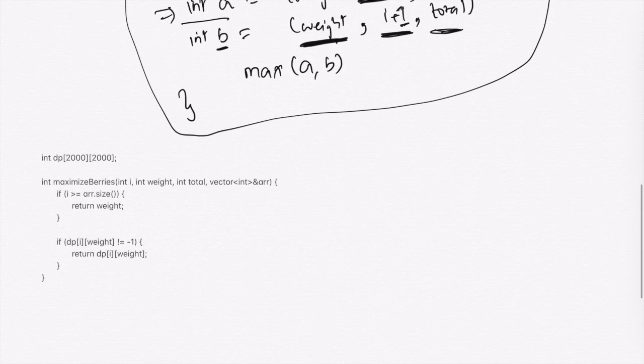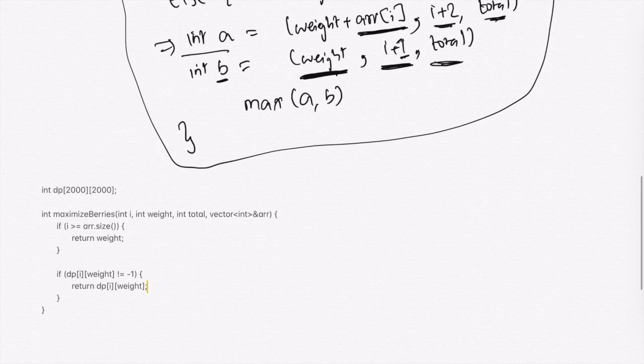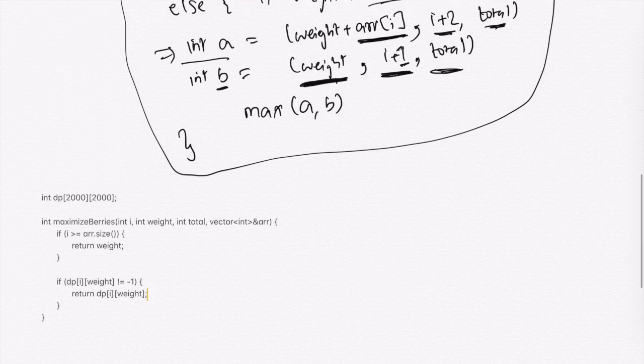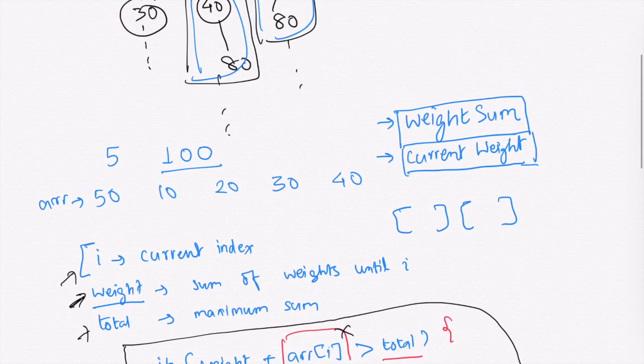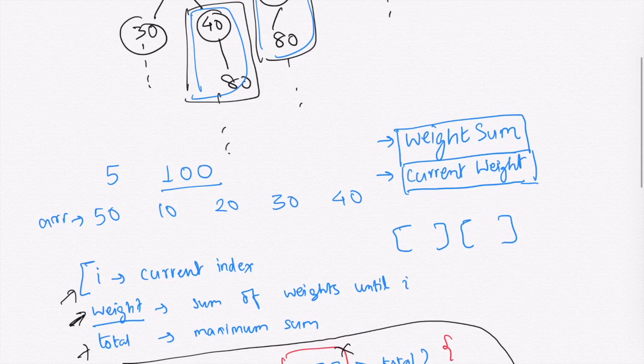Now one very important thing to understand at this point of time is that at a particular index I, so let's say if I talk about this index 20, this index 20 here, it can have different weights until now, right?